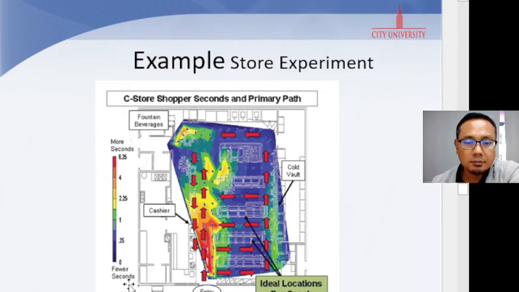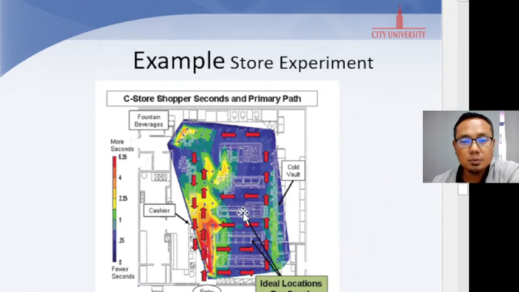From this you can see fewer seconds to reach and more seconds to reach in an area, an area that is more warm, let's say, and this more cool.